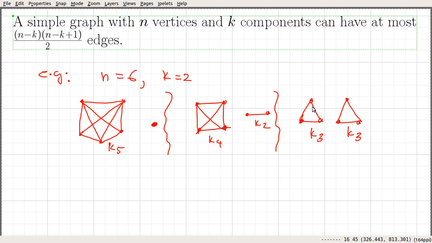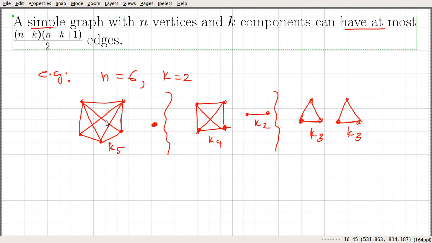Anyway, here we are dealing with a simple graph, so there won't be any loops or parallel edges. And we are looking for an upper bound on the number of edges, right? So somehow we need to add as many edges as possible.